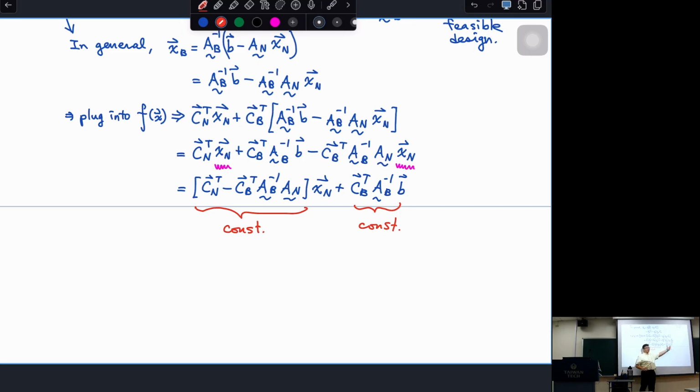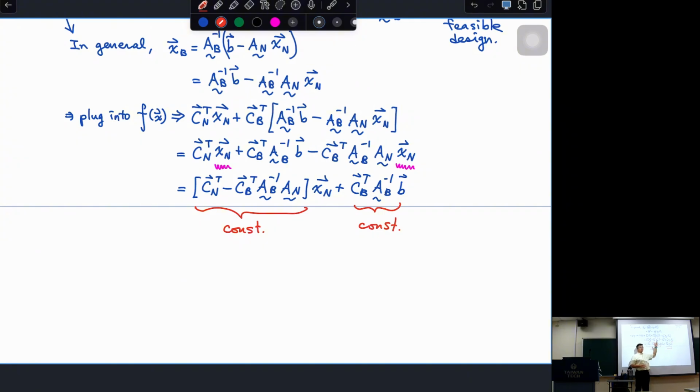So when you observe the objective function in this way, because these are constant values, you cannot change the constant anymore. So no matter what you do, when you make the decision of basic and non-basic, this constant is the same constant all the time. But when you decide who are basic, who are non-basic, there will be a bunch of constants in front of the non-basic.